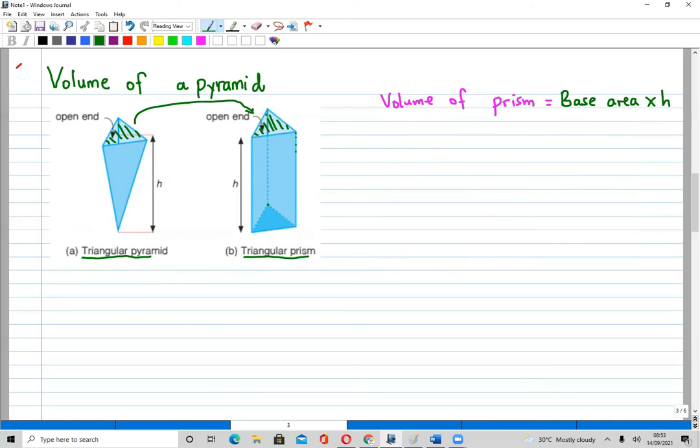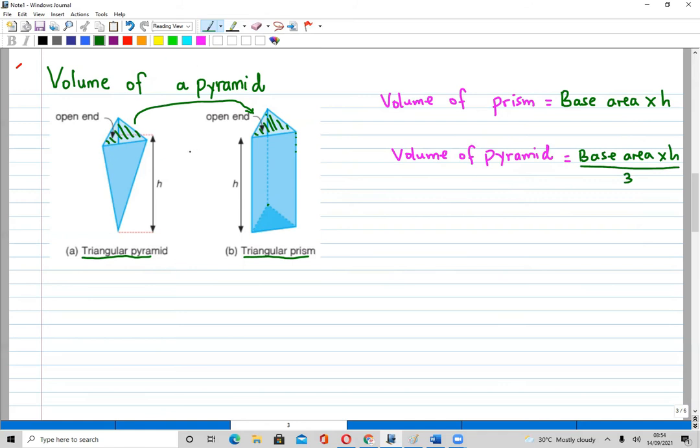So this means that to get the volume of a pyramid, we need to get the volume of a prism, we divide it by 3. So it will be base area times height out of 3. You see that?